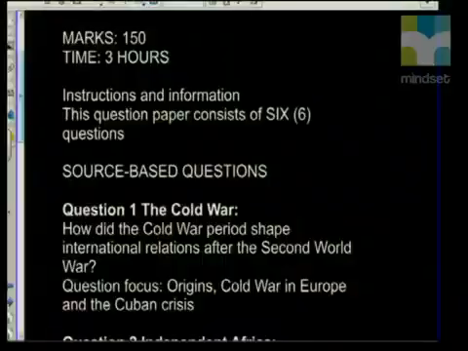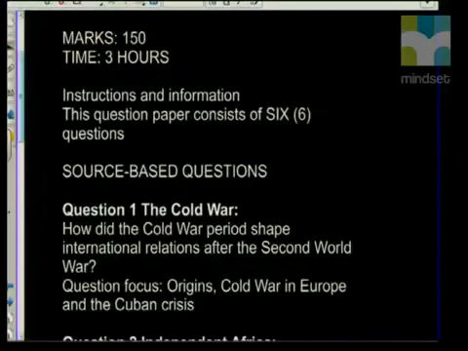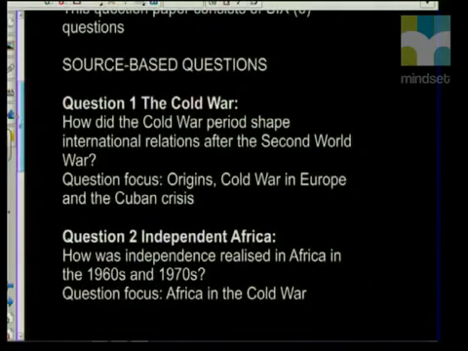This question paper consists of 6 questions. Historians, you don't have to do all 6. Remember, there is a choice. The first part of this exam is source-based questions. Question 1 is the Cold War.